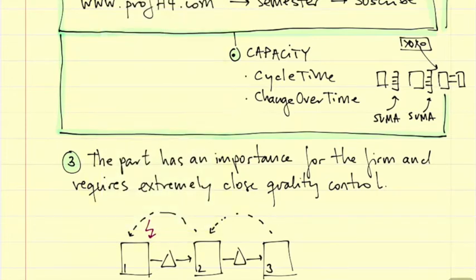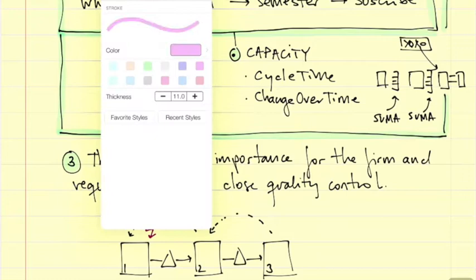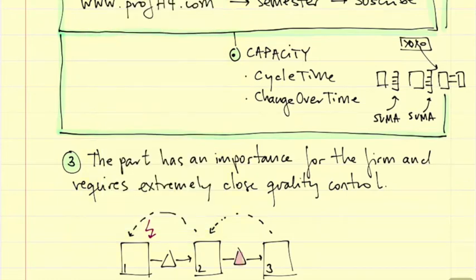If we decide, instead of making in 3, to buy from 1, and if 1 has a quality problem, then it will take the whole supply chain to discover the mistake. This is a concept we saw before.